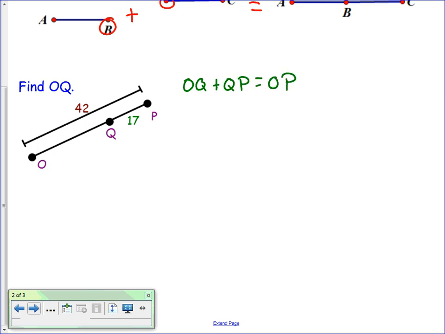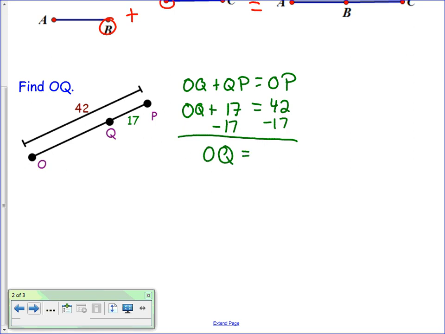We do not know the length of OQ, so we will say OQ plus 17 equals, and then OP is 42. Subtract our 17, and we get that OQ equals 25. We do not have any units in the problem, so we do not have any units on our solution. It's just that OQ equals 25.